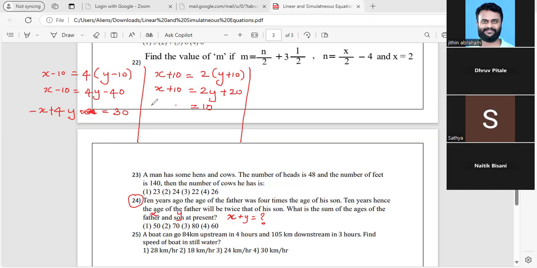I take 2y this side. That gives me x minus 2y is equal to 10. So this is my first equation, and this is my second equation. Now what I'll do, I'll simply have to add them. I don't have to do anything else.